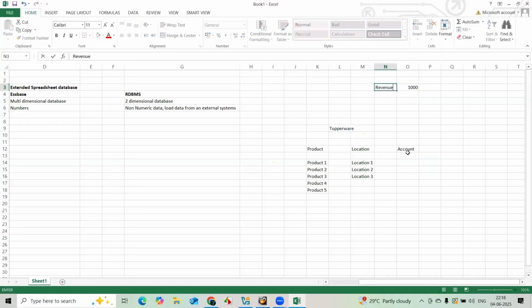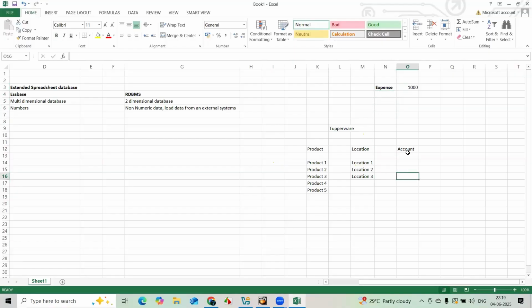If it is revenue and 1,000, it means that a certain organization has made 1,000. And if it is an expense and 1,000, it means an organization has spent 1,000 dollars, rupees, or pounds as their expenses. So the line item which gives you enough information on the amounts or the transactions is called the account.